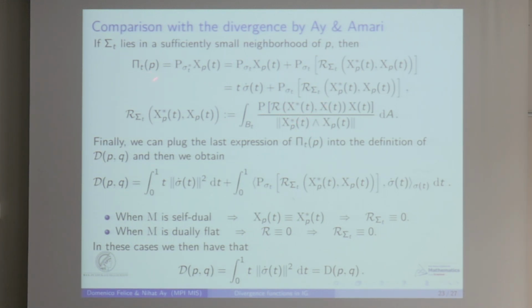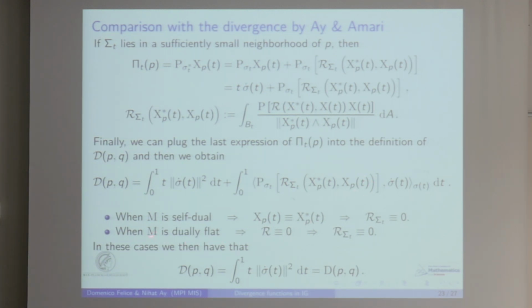So if we plug this expression in the definition of the canonical divergence, we get this relation. This is the Ai and Amari divergence, and this is the new term. If we are in the self-dual case, where these vectors coincide, then because of the skewness of the Riemannian curvature tensor, we get that this term is 0.